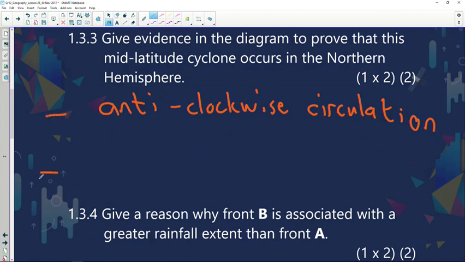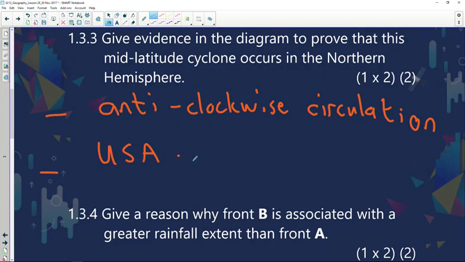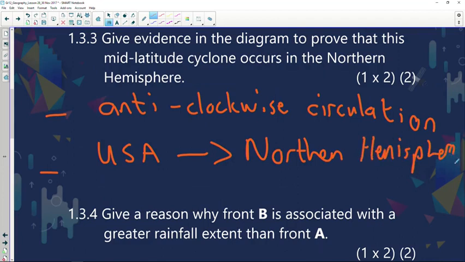And they've mentioned that it's a mid-latitude cyclone in the USA. USA stands for United States of America, and the USA is found in the northern hemisphere. Sometimes you can get some clues for your answer in the question itself. Remember that.